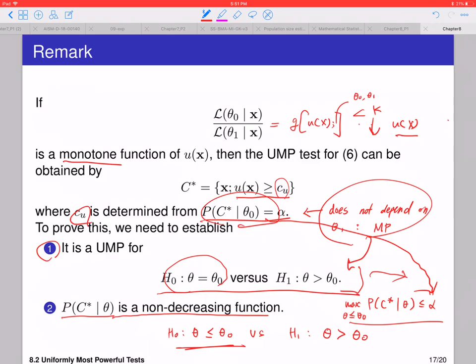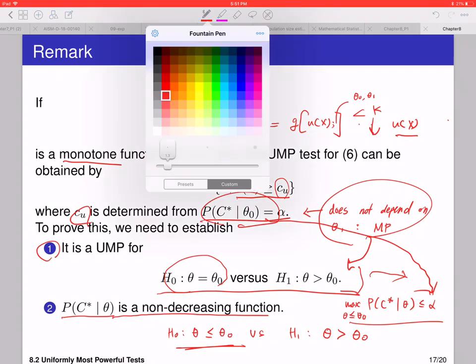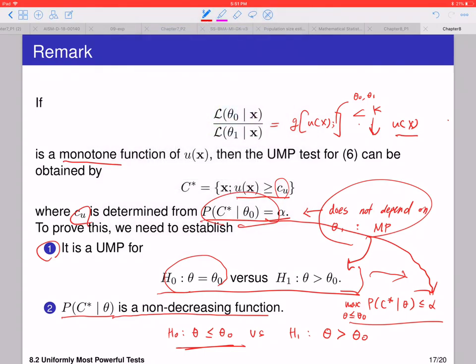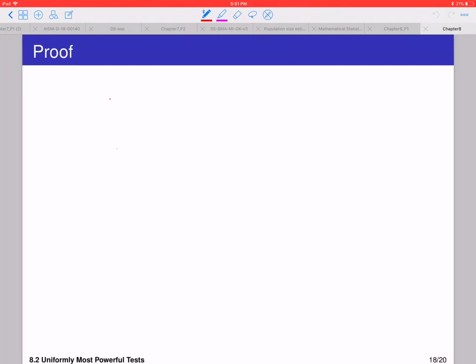Okay, so how to show that? That's where I kind of wasted my time in the lecture last time. So, okay, P_C star, which is increasing.